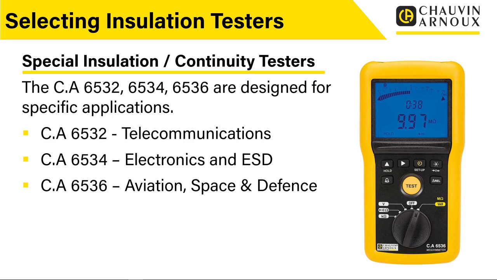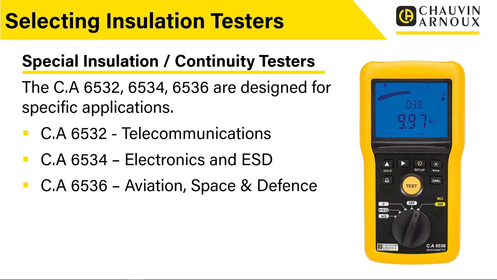And then going maybe a little bit more specialist, we've got the 6536. The 6536 does insulation resistance testing at anywhere from 1 volt up to 100 volts, and you can select that 1 volt at a time. So if you had a specific application where you needed to do the test at 67 volts, it would do that test at exactly 67 volts, and that would be repeatable.